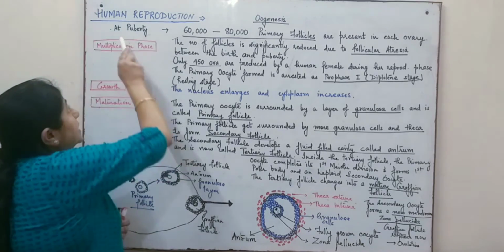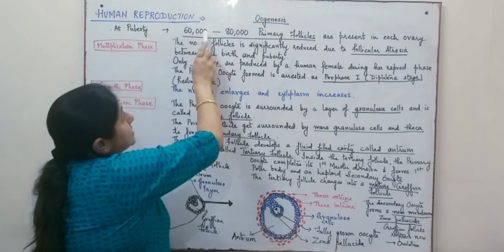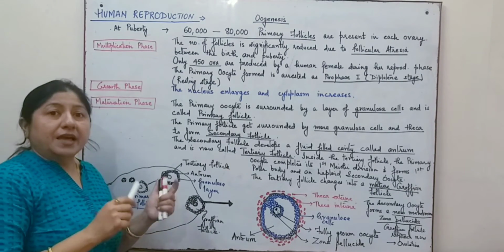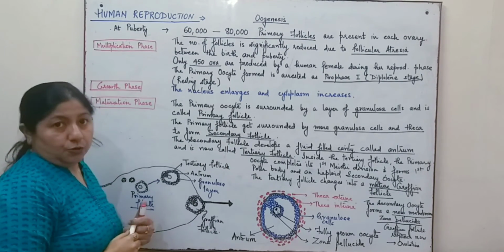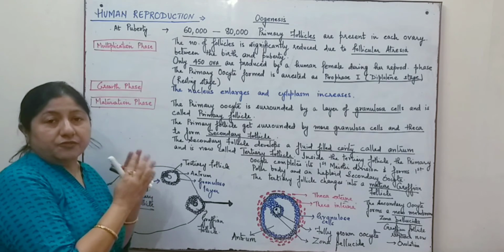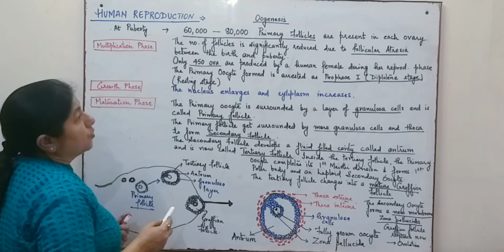Now, remember that at puberty, a female has approximately 60,000 to 80,000 primary follicles present in each of the ovaries. So, we have 60,000 to 80,000 in one ovary and 60,000 to 80,000 in the other ovary.